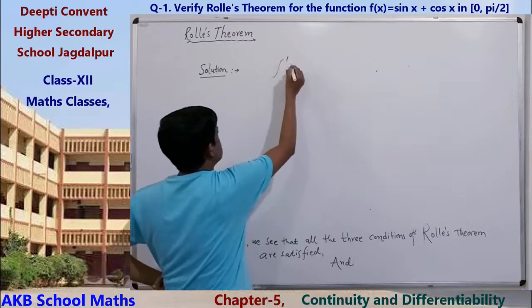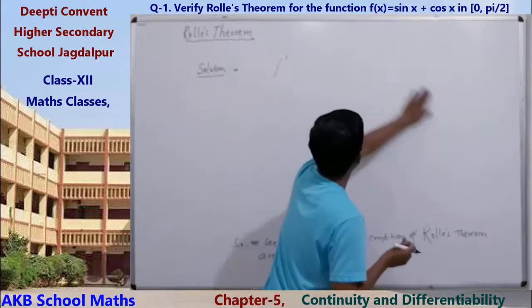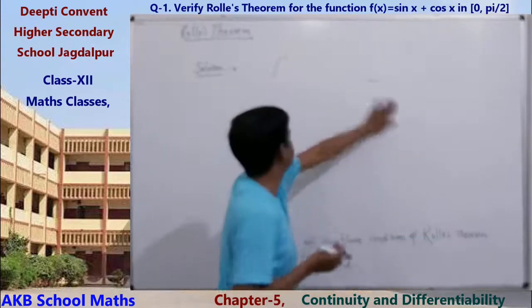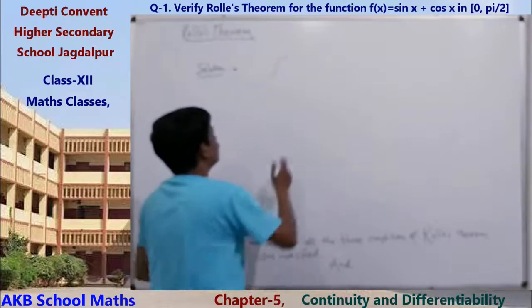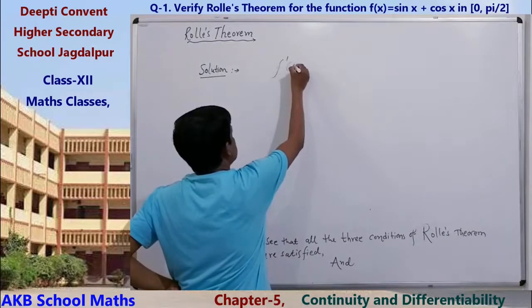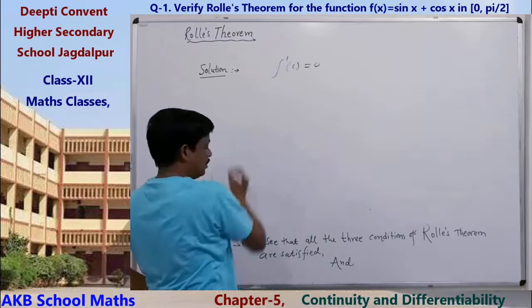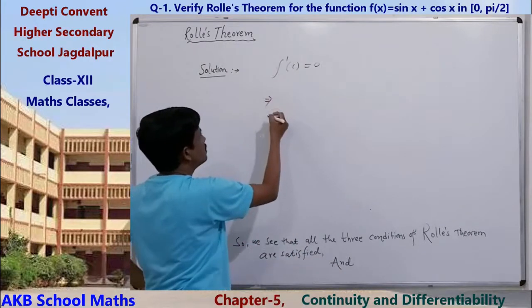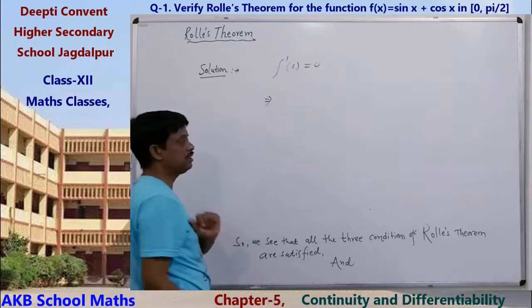f dash c equals 0, and f dash c equals 0 implies f dash x equals what?